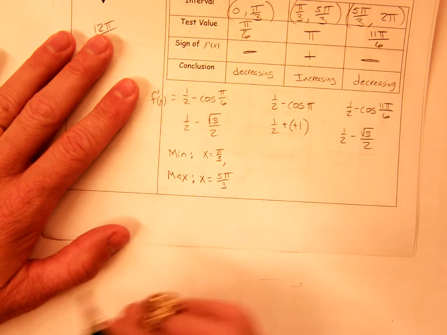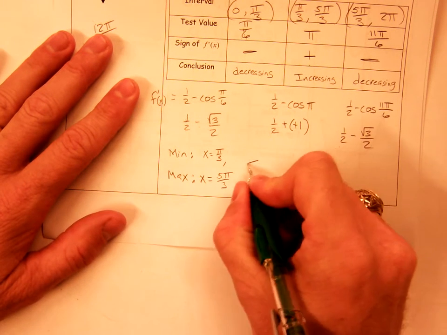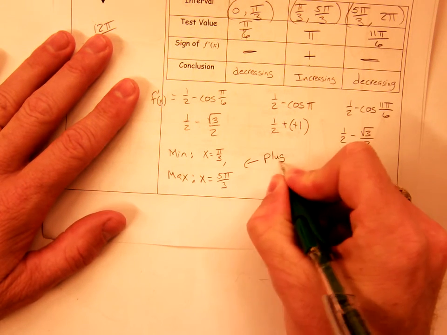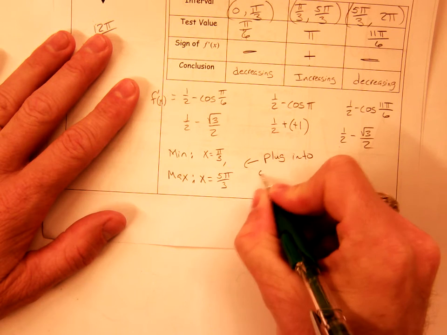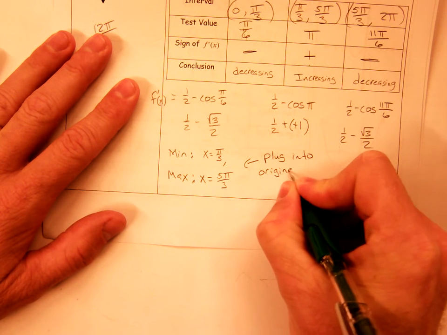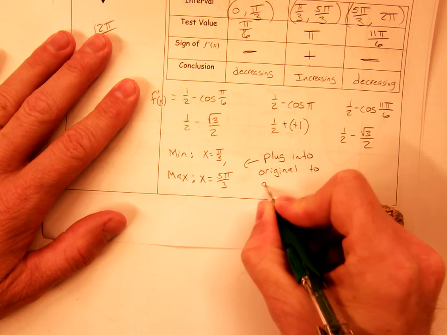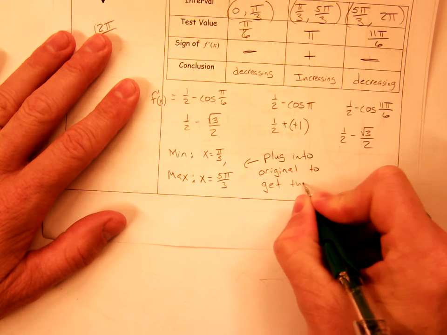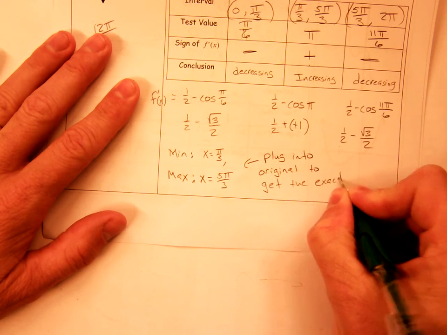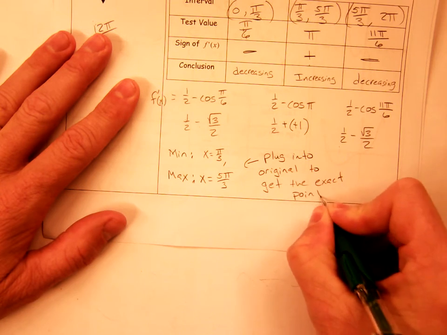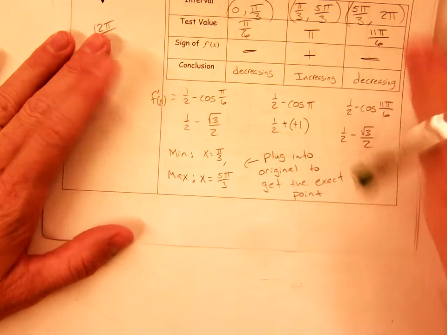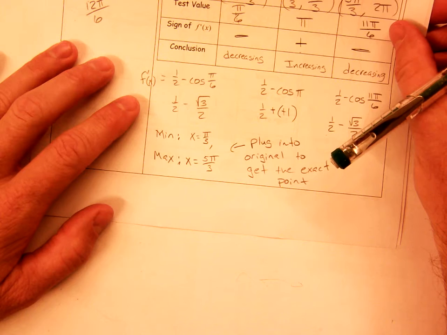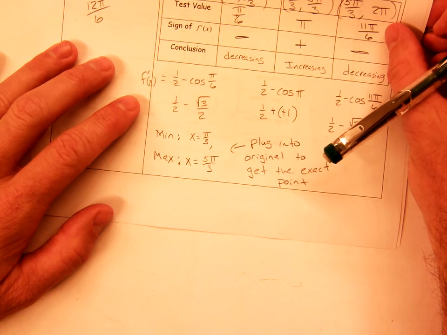But plug into the original to get the exact point. And it will be in an ordered pair. Any questions about that? Is it all making sense how this is going?